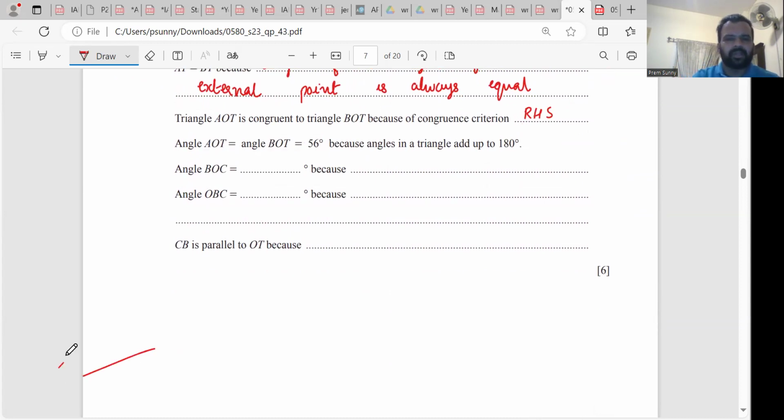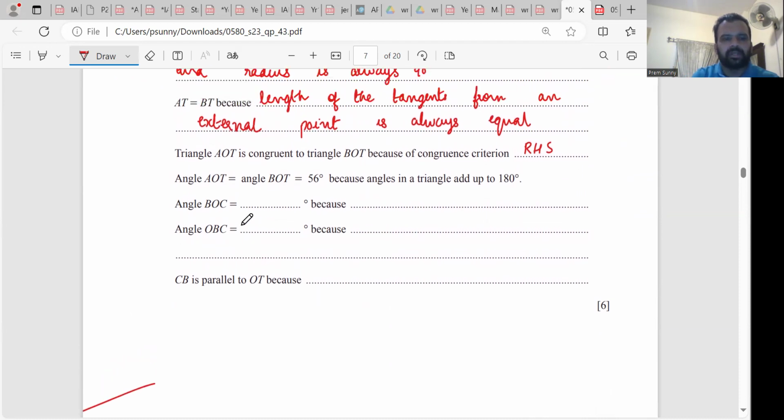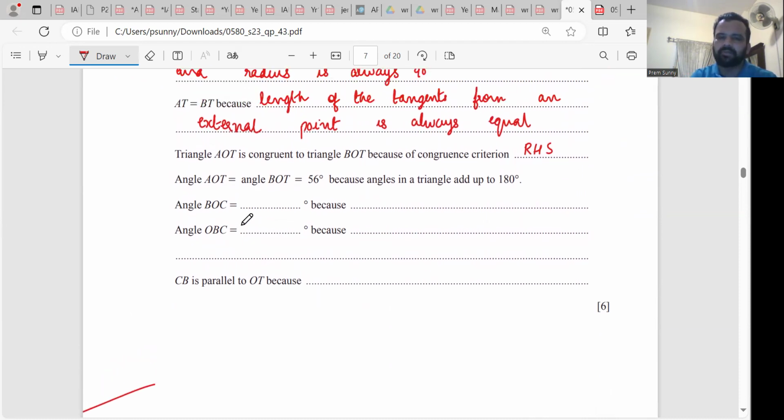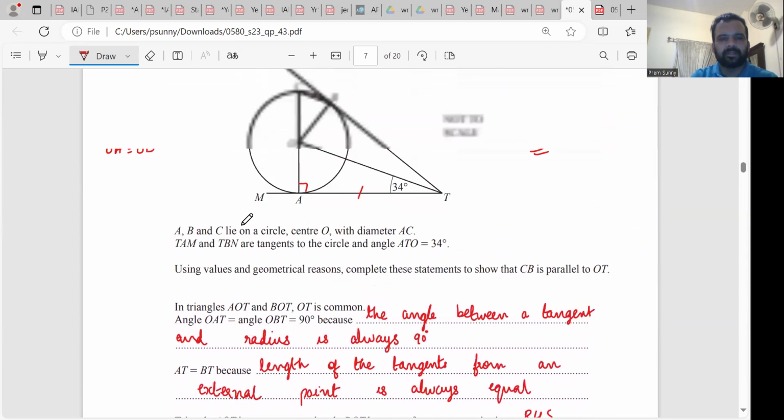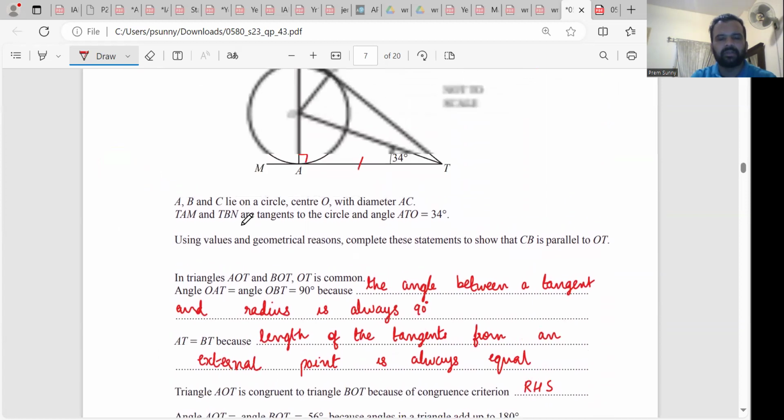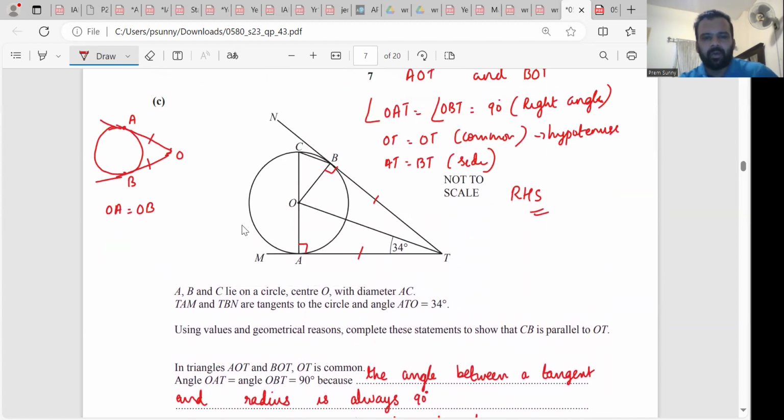Now it's given one statement, angle AOT and angle BOT is equal to 56 degrees because angles in a triangle add up to 180 degrees. AOT and BOT is given as 56. Because this is 56: from 180 you subtract 90 and 34, you will get 56.